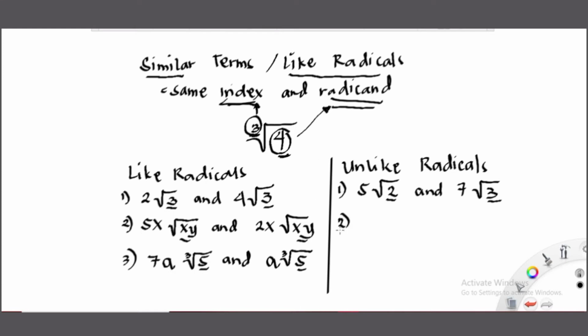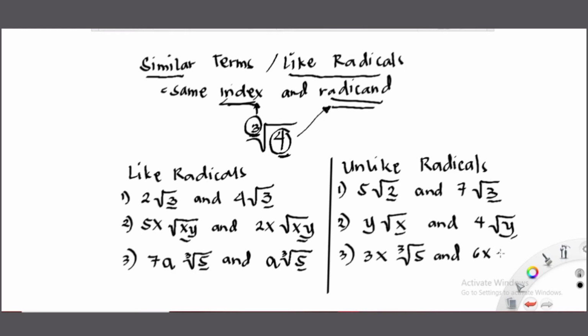Another example. If we have y square root of x and 4 square root of y. Again, the same with the first example, the same ang index nila, which is 2, but they have different radicands, so these two are also unlike. Another example, if we have 3x cube root of 5 and 6x square root of 5. If you notice, the same ang kanilang radicand, but the indexes are not the same.